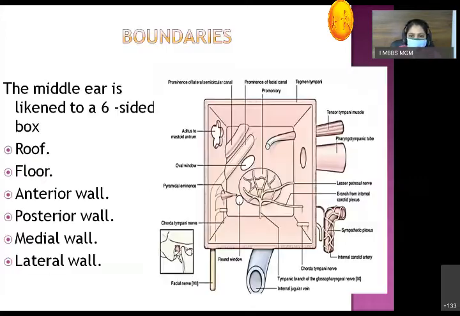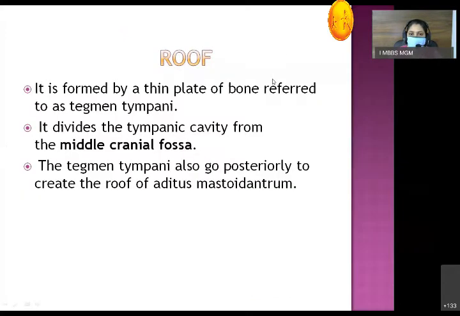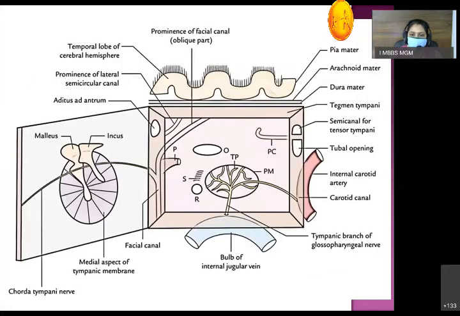So above this, what will be there? You see one figure here.